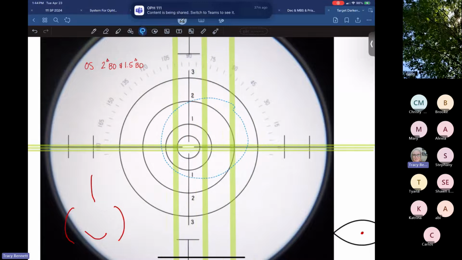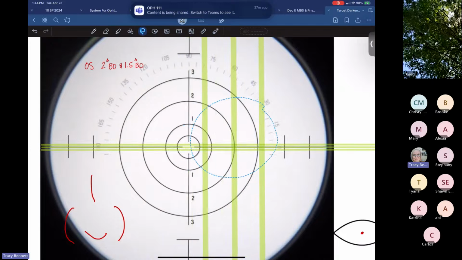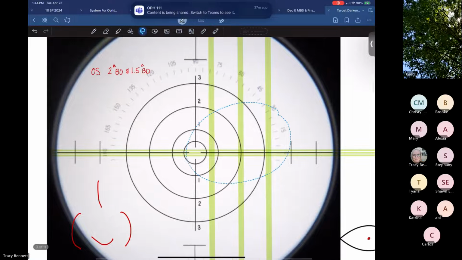So I'm going to just head on out here until I get to the 2 line. And then I also have 1.5 base down. So I'm going to go below the line and I'm going to go 1.5. And so the point that you need to be looking at while I'm moving is until we get to here, going down, but still maintain alignment with this. So this line here stays in alignment, and then I meet up with this line down here.